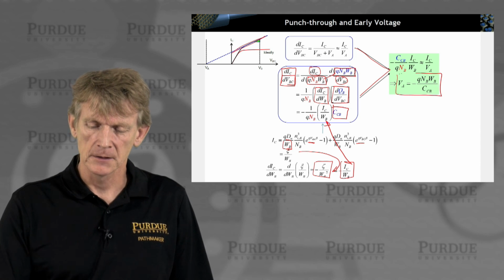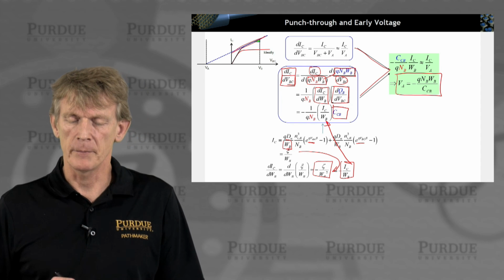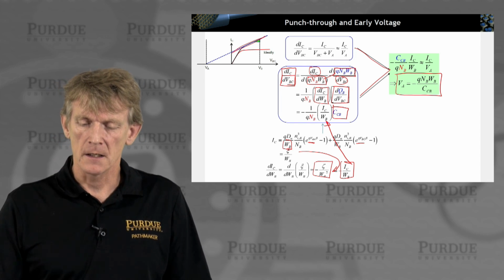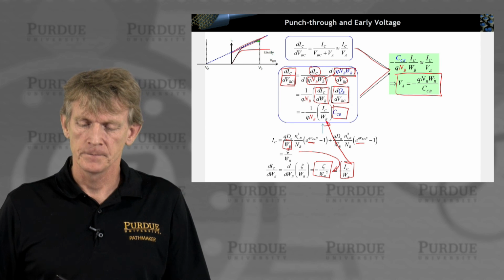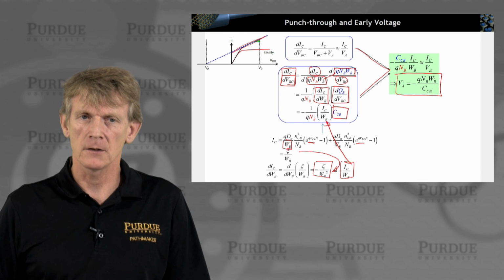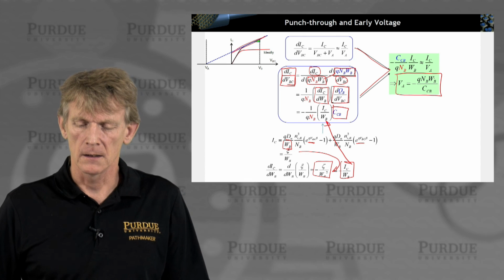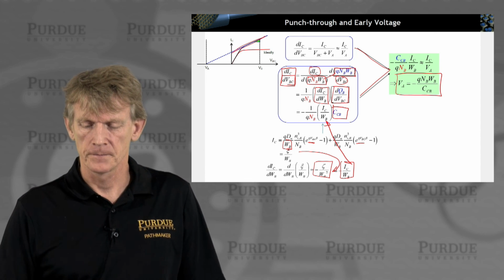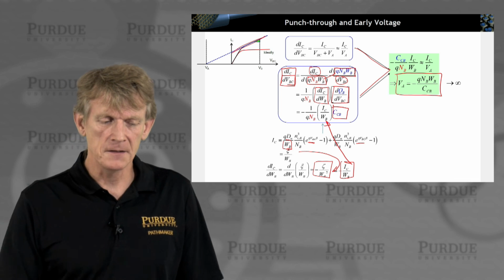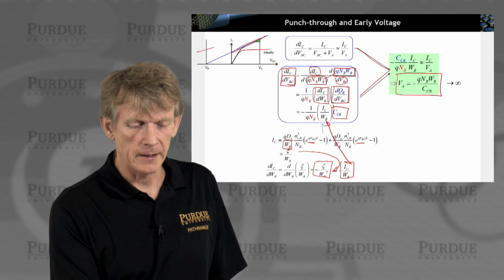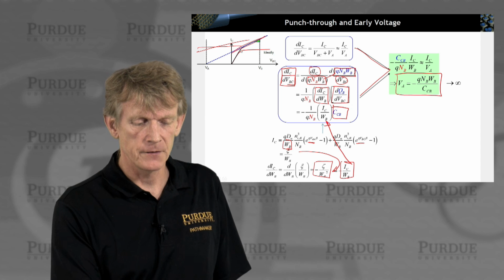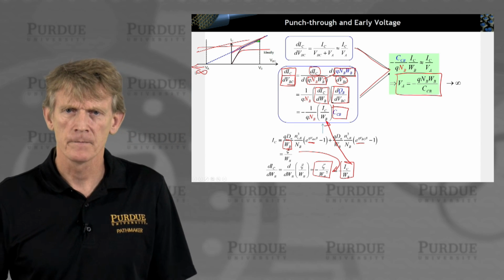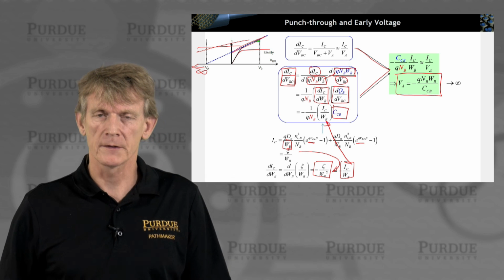An expression that now depends on the base doping, on the electrical base width, and on the capacitance on the collector base. Okay. And in an ideal world, I would like this to be flat, right? So I'd like to have VA go to infinity. Okay? So that would be a cool thing to do.